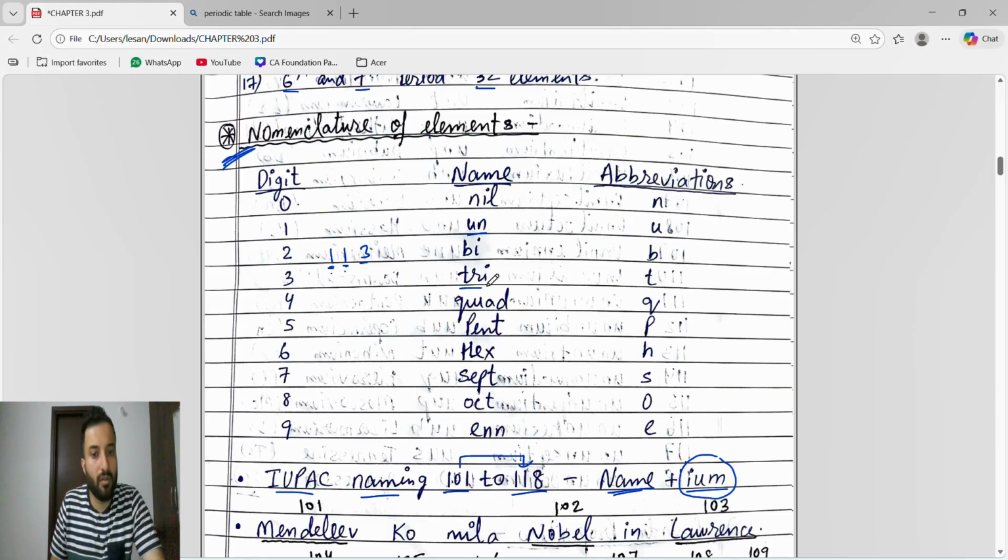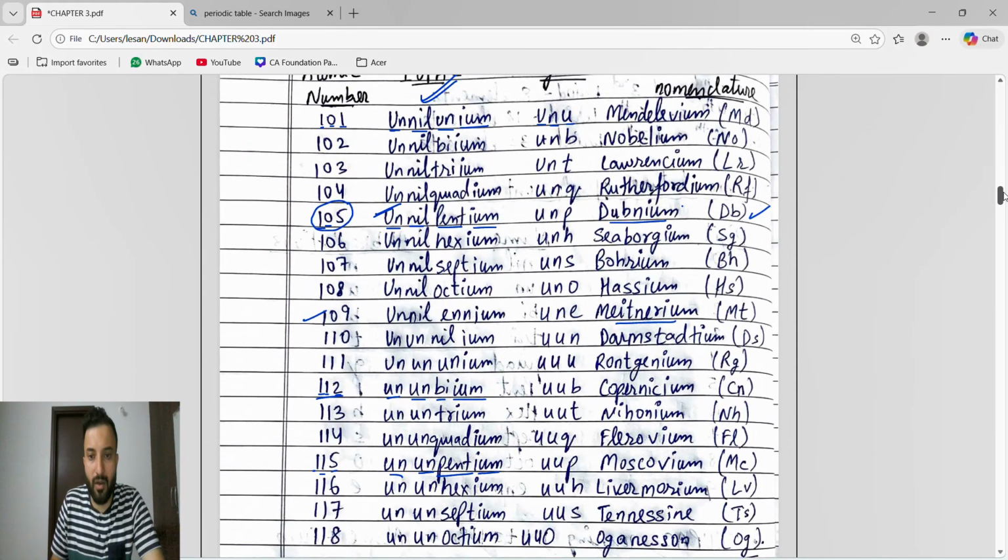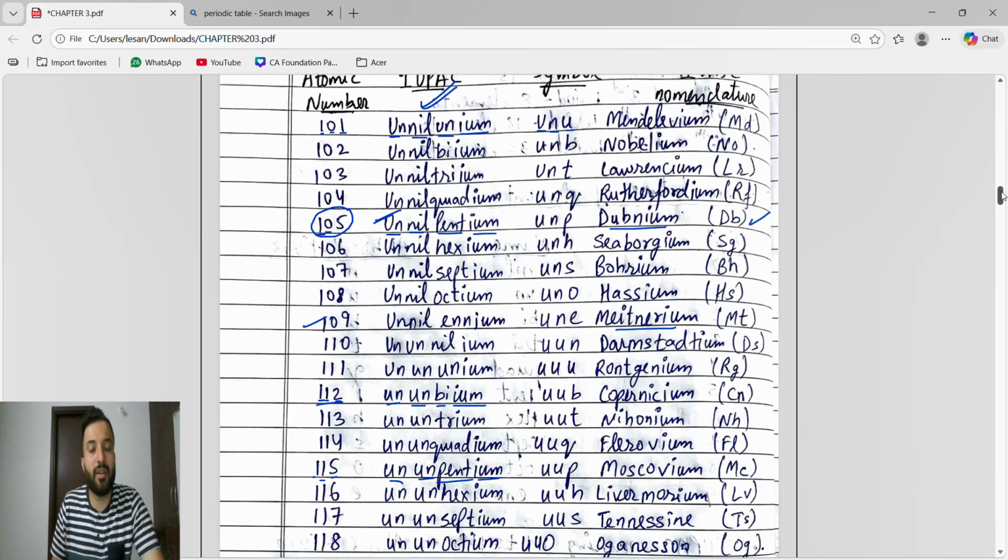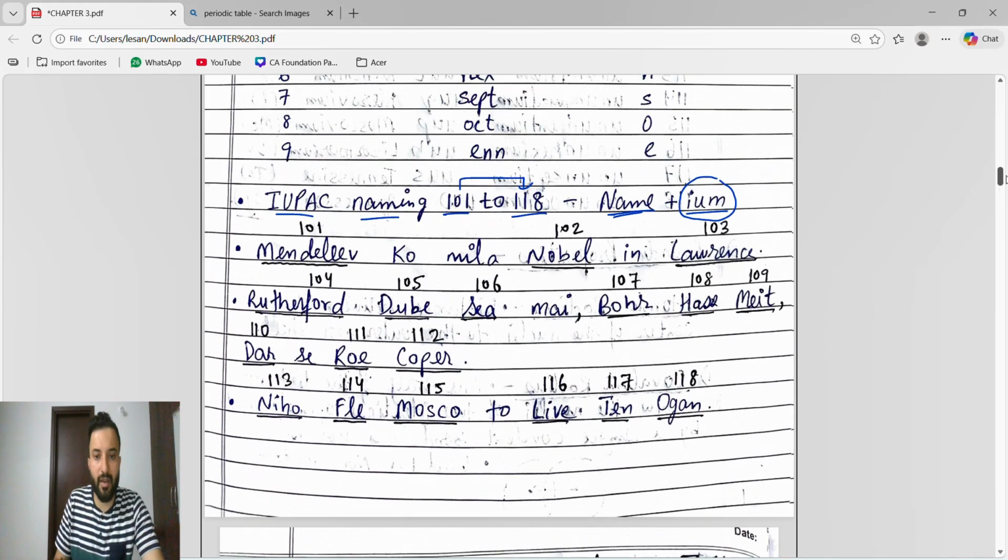That's it, this is the easy way to write. The main complication is here, so I will tell you the trick, because in the examination you will have options and you can tick one. You have to remember 3 points.